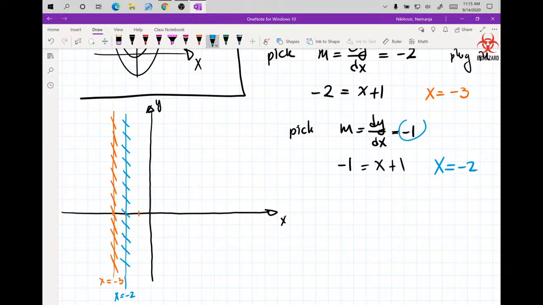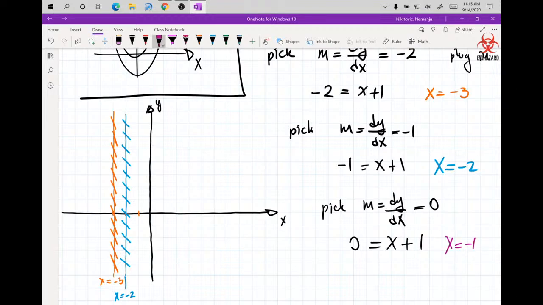So you pick the slope and you compute the line on which that slope lives. Pick m equals dy/dx to be 0 and plug that in and solve it. And let's go purple now. It's going to be x equals negative 1.